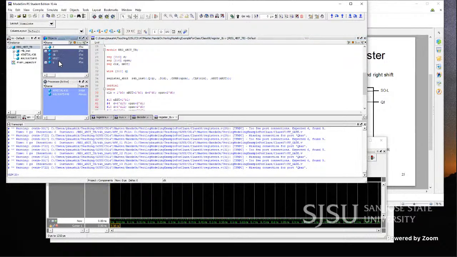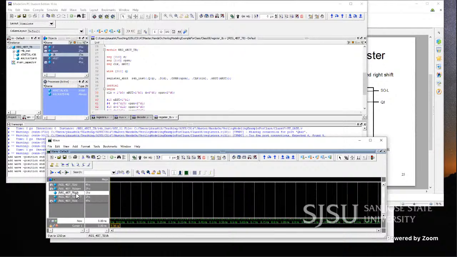Then let us add the clock, D, operation, and reset. All right, let's simulate.